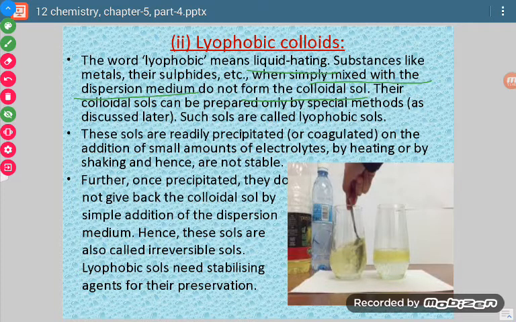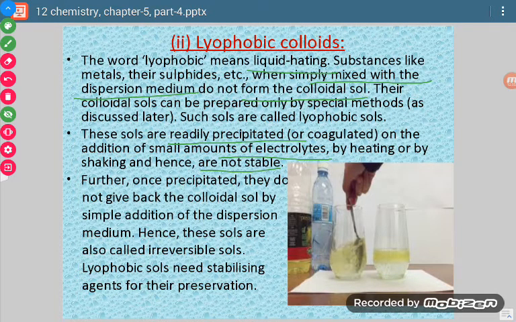So we say that it is of the lyophobic category. Now these sols, if they are formed, can be readily precipitated or coagulated on the addition of a certain amount of electrolyte or by heating or by shaking, and hence they are not stable.